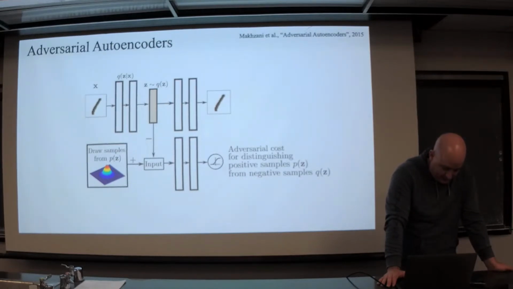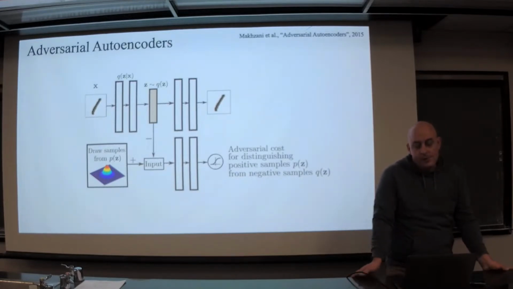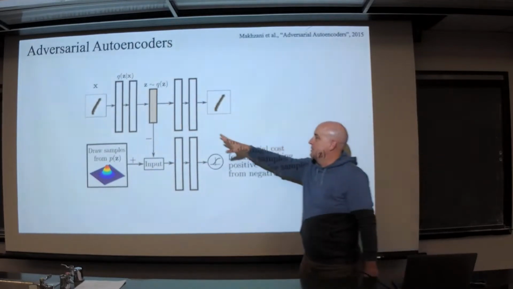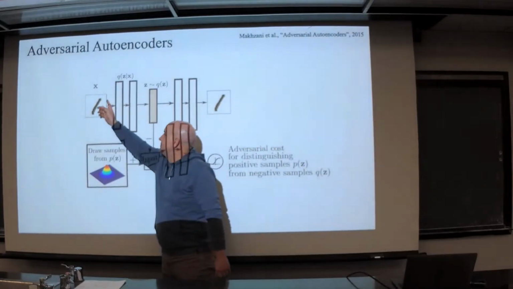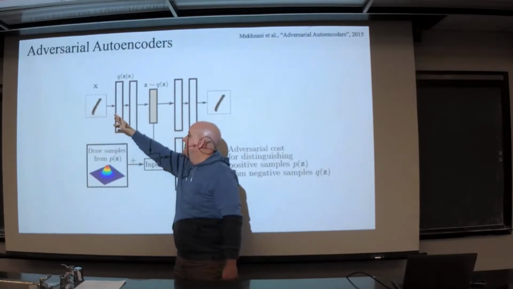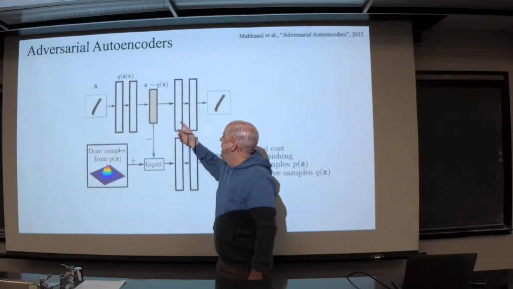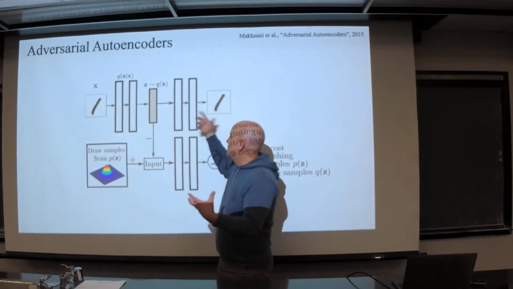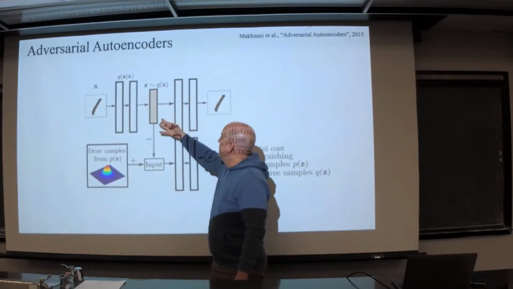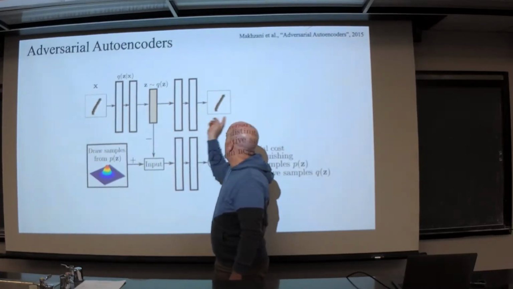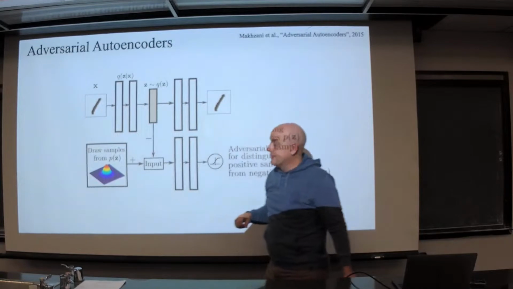So there's this idea that actually works quite well, and it's called an adversarial autoencoder. Remember what autoencoders are about, right? Autoencoders are about encoding a data point, so an image, into some latent representation, and then supervising these factors by forcing the reconstruction of the original image from those factors.